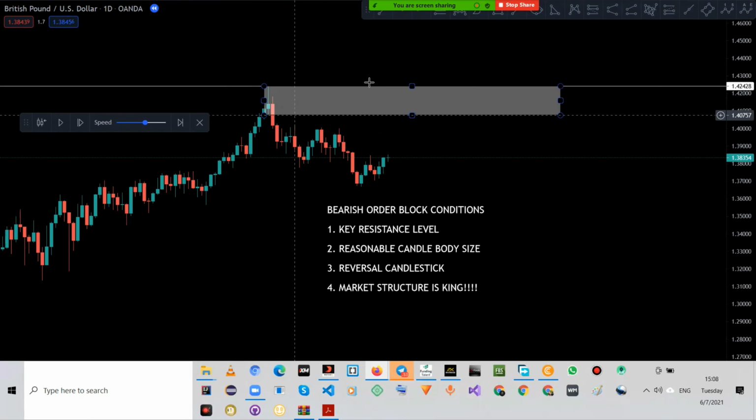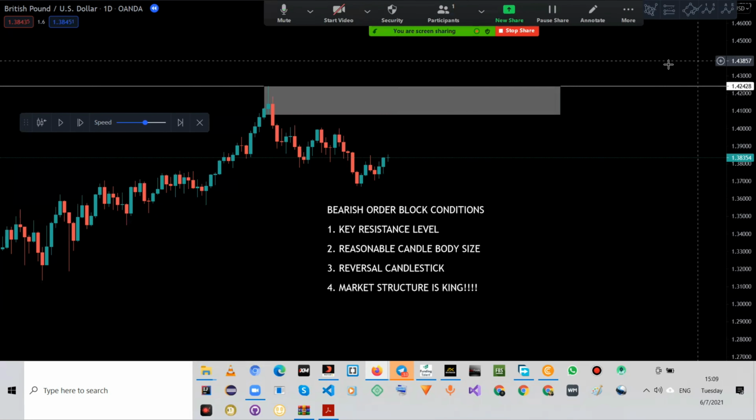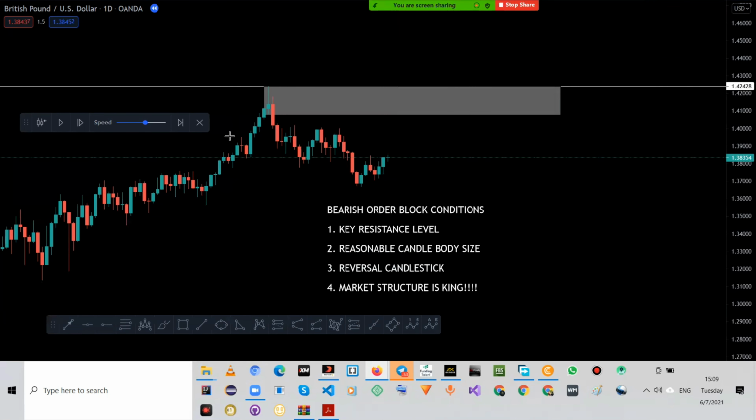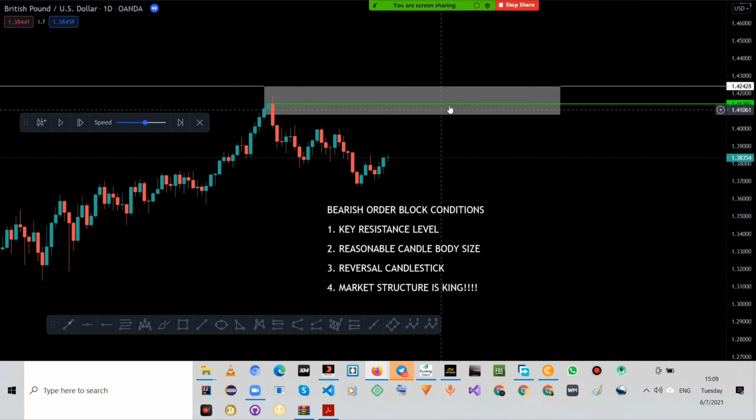So you should always also pinpoint. Okay, now I cannot access my toolbar. You should always mark the midpoint right here, the midpoint of the order block. This is the area where you are expecting to take the trade. Once price gets up to and starts rejecting from that area, you start taking those trades.